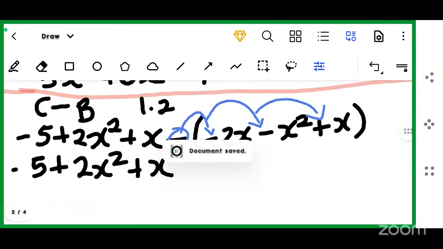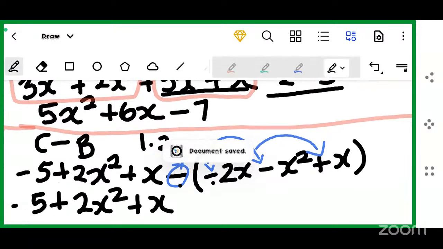So if you are multiplying a negative by a negative, your answer is going to be positive. So what is -1 multiplied by -2x? Equals +2x. Yes. Minus x to the power of 2.